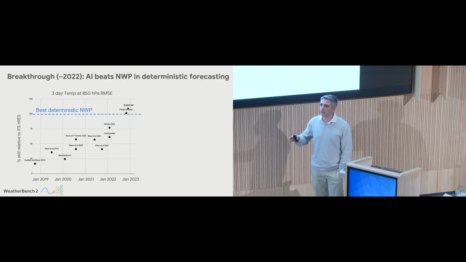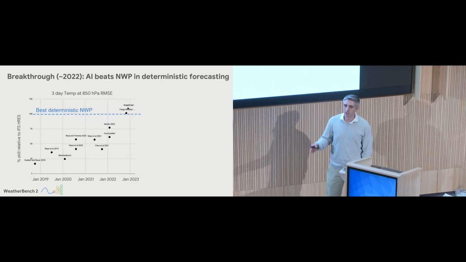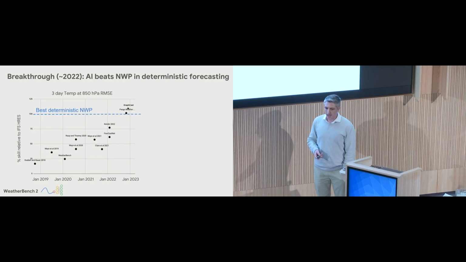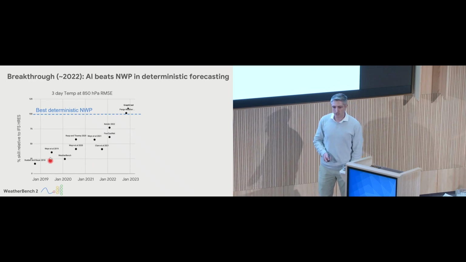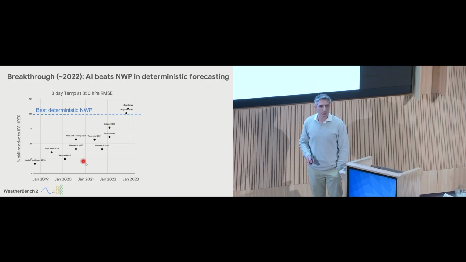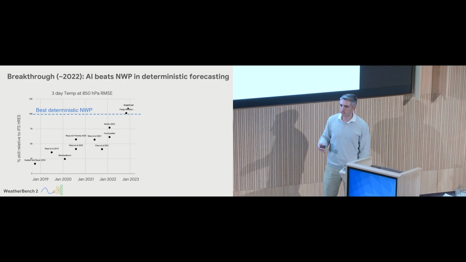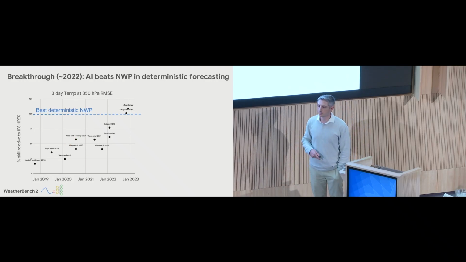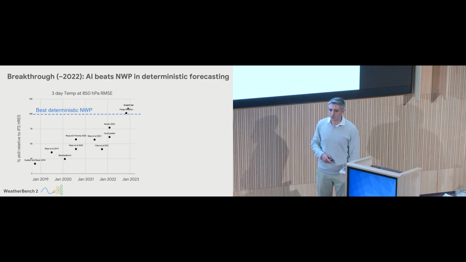Again, this is just a diagnostic variable; you'd see a similar plot for other variables. The y-axis is the percentage skill relative to the gold standard deterministic physics-based model. People were seeing some progress up until about 2021, but things were not doing too well: about 50 to 60% of the accuracy relative to the state of the art, and not meaningfully competitive.